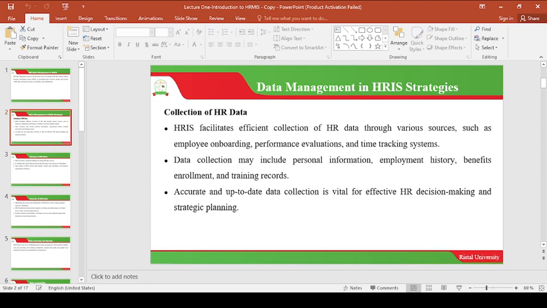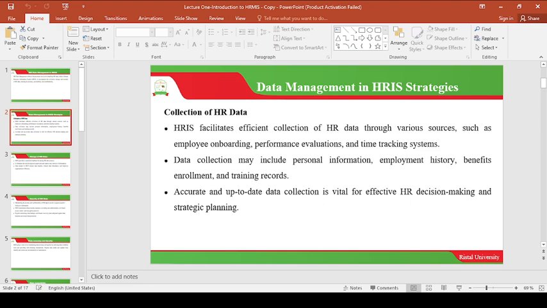And then when you are collecting HR data, these are some of the information you are looking at. Don't ignore the training record, don't ignore the employment history, etc. Because if you ignore them, then the management of human resources becomes very difficult because the key information is missing.